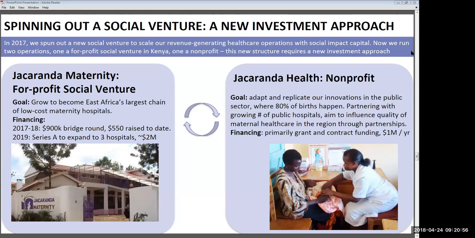So for example, we have a case that we do in my class for a venture called Embrace. Embrace was an infant warmer that was trying to be used in low resource settings in India. They went out and they did a pilot. It took them about a year. They ended up testing it with, I think, 2 hospitals and 40 actual infants.